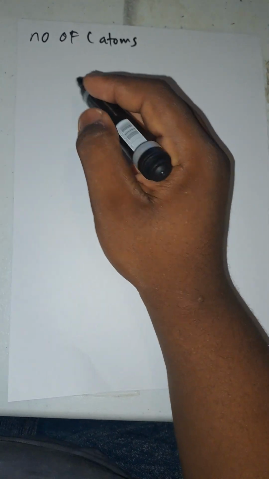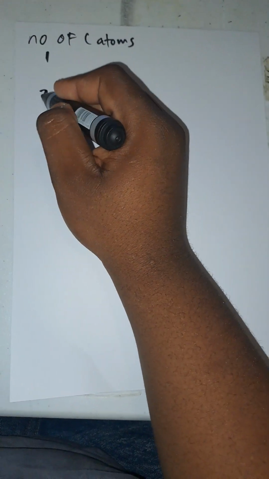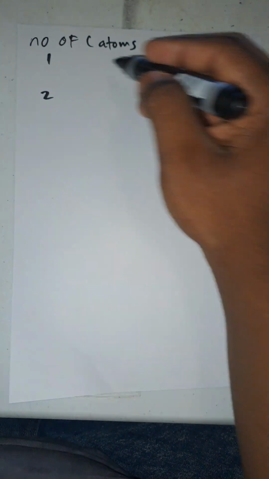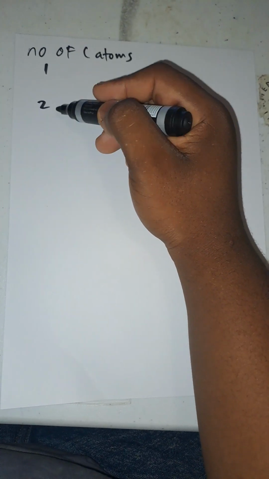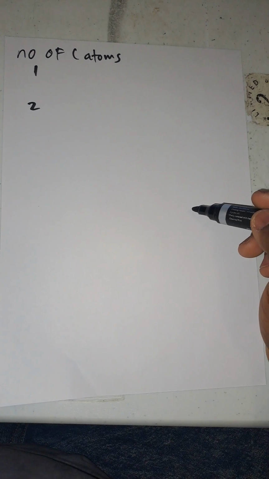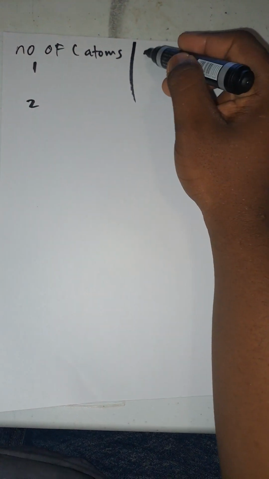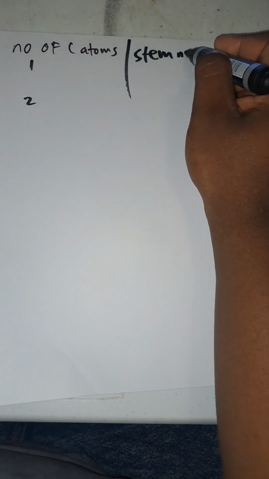Let's start. On this side I'll have the number of carbon atoms, and on this side I'll write the stem name.